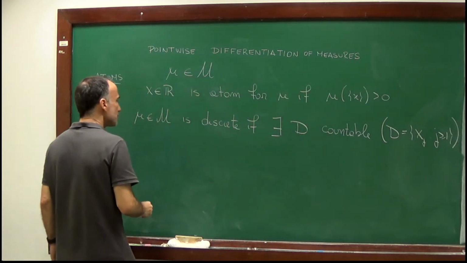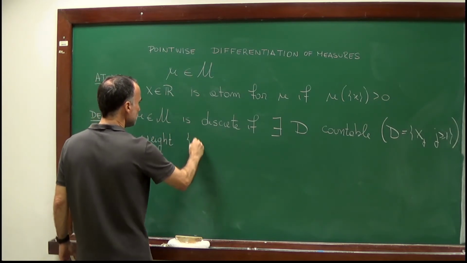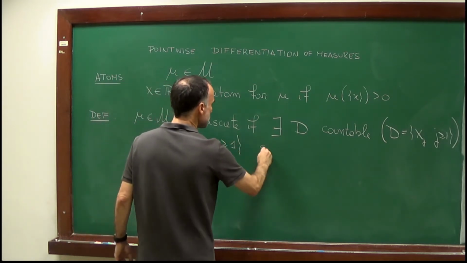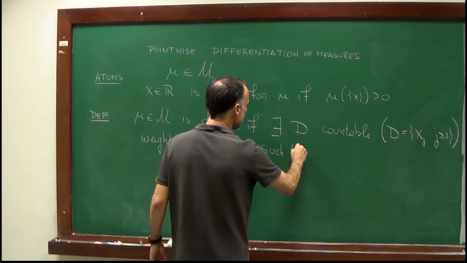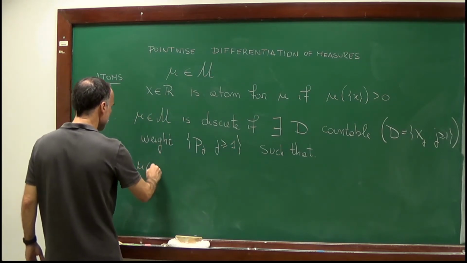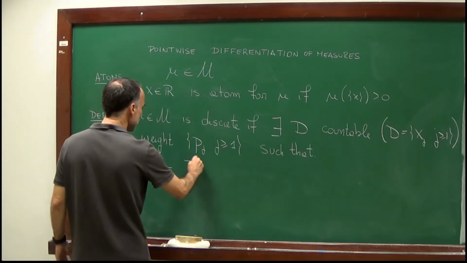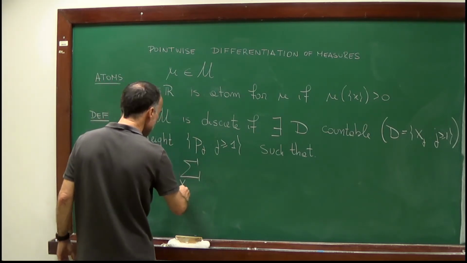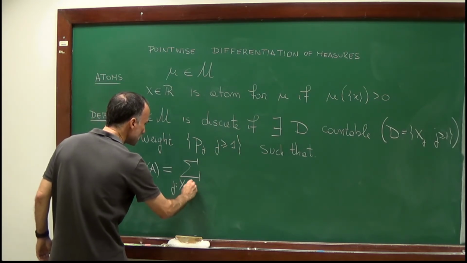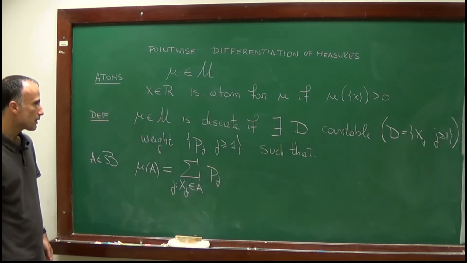If there exists a set D which is countable and weights pj such that the measure mu of a set A, where A is a Borel set, will be given by summing over all j's such that xj belongs to A, and I'm summing the weights pj.